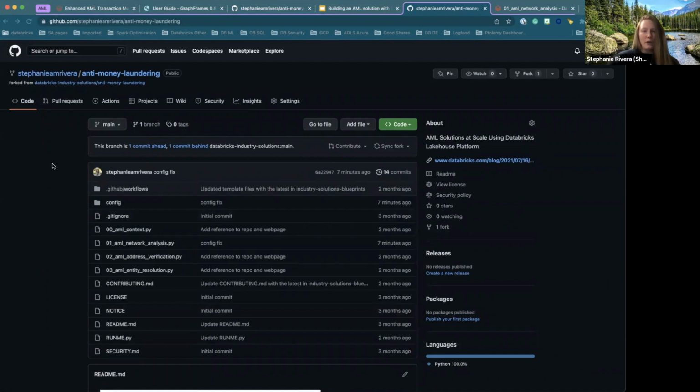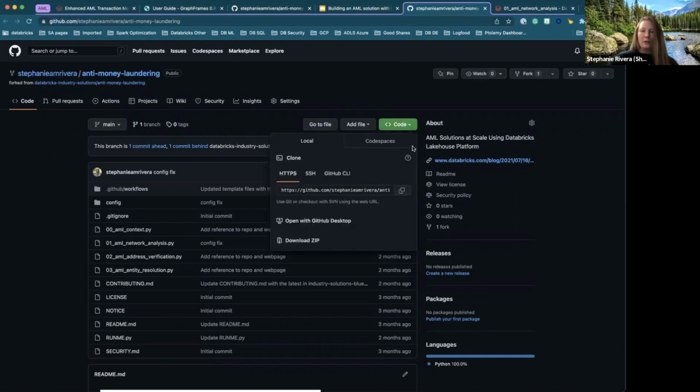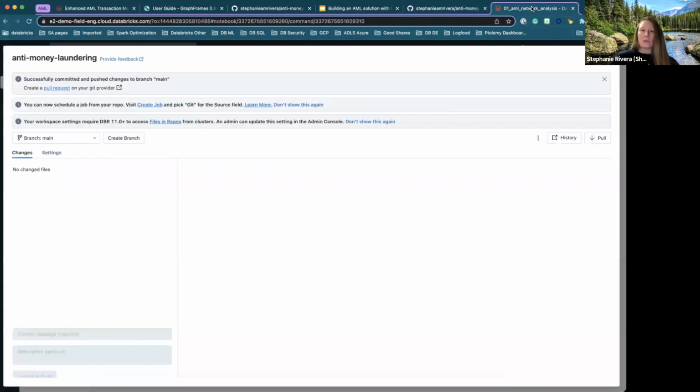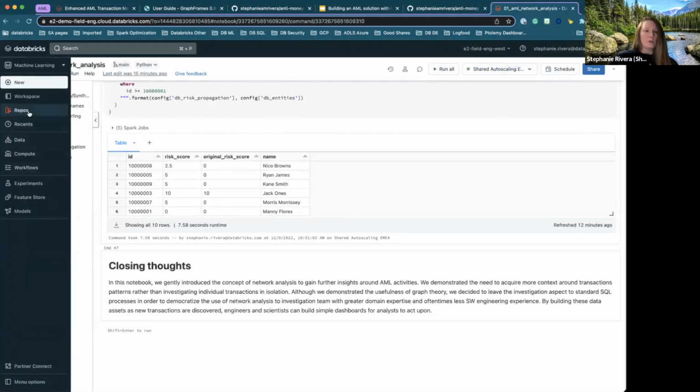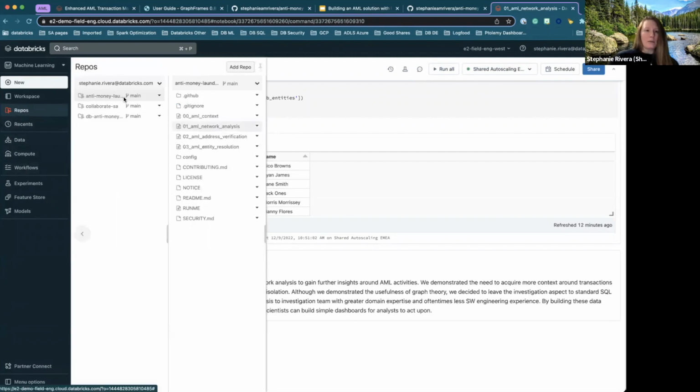So all you do to utilize this is go ahead and take the code from here, or from here where it says code, you copy this link and put it over into Databricks. So when you come over here into your Databricks instance in repos, you can see I've pulled in my version of the anti-money laundering solution accelerator here.